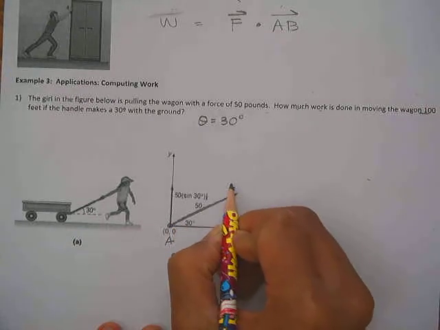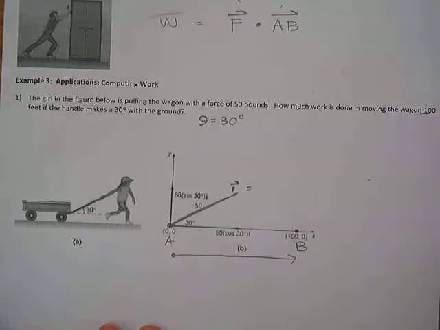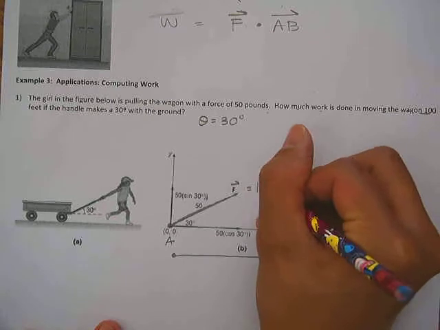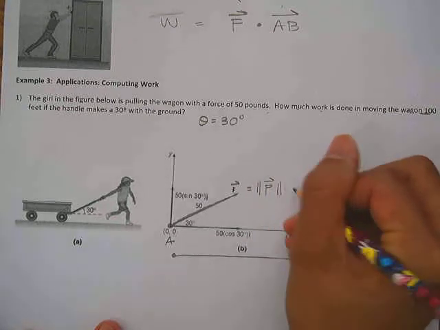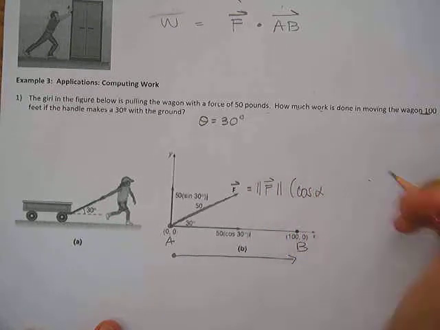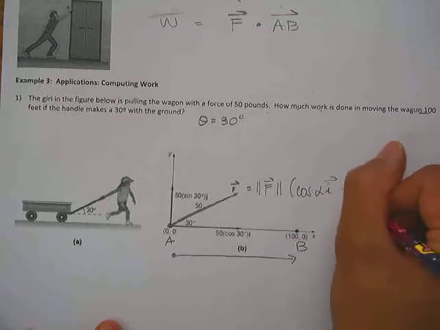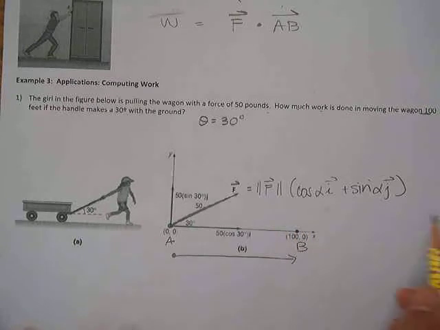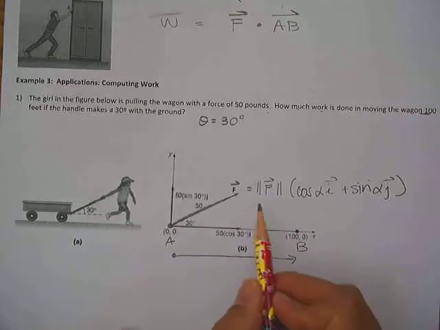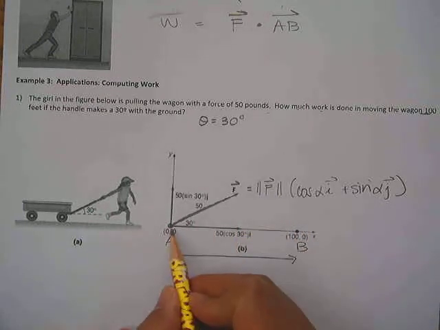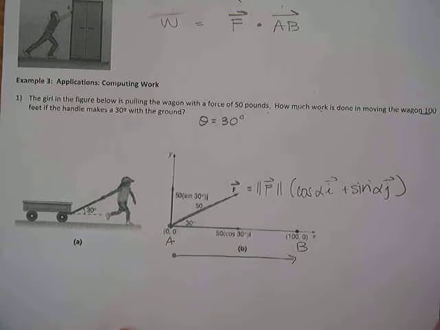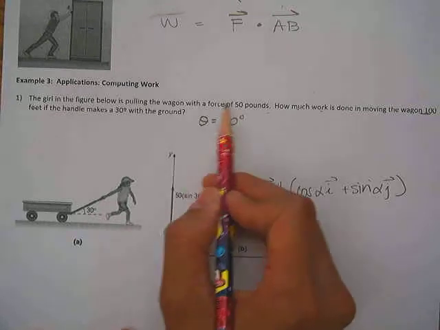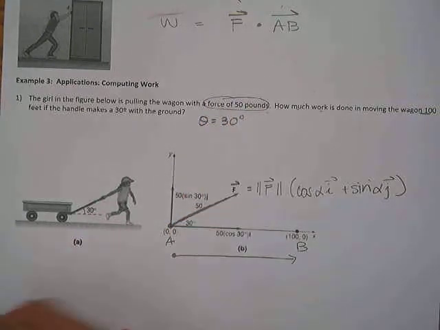So this vector equals... to find the vector, we're going to need the magnitude of the force times cosine of some angle times vector i plus sine of some angle times vector j. This is just a formula to find any vector in standard position, which is starting at 0, 0. So this force has a magnitude of 50 pounds.